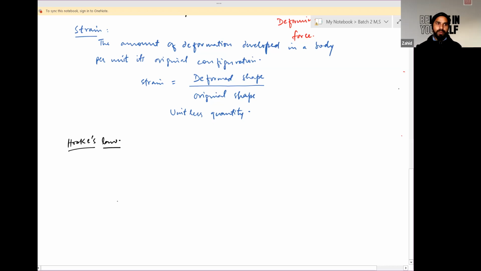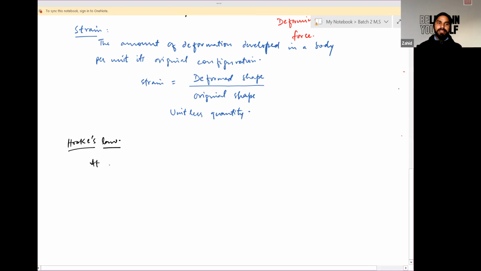I will define later what elastic limit means. So Hooke's law states, if you apply stress to a particular object, strain gets developed in it, and they should be directly proportional to each other. Means the more you apply stress to an object, the more strain will develop in it.